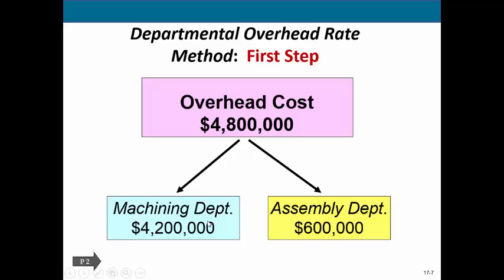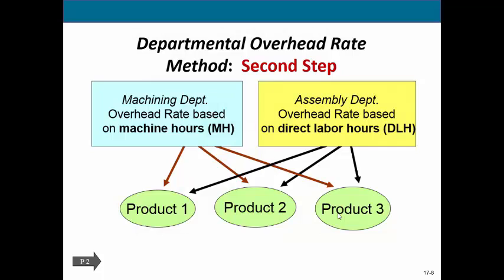Now, if you'll remember in the previous example, we only had one driver, and that driver was our direct labor hours. Now, that's not to say that direct labor hours may not be the appropriate driver. It may be a good driver to use for the machining department, or it may not be. The same goes for the assembly department. We may use direct labor hours, or we may identify another driver that we think better fits what goes on in the various departments.